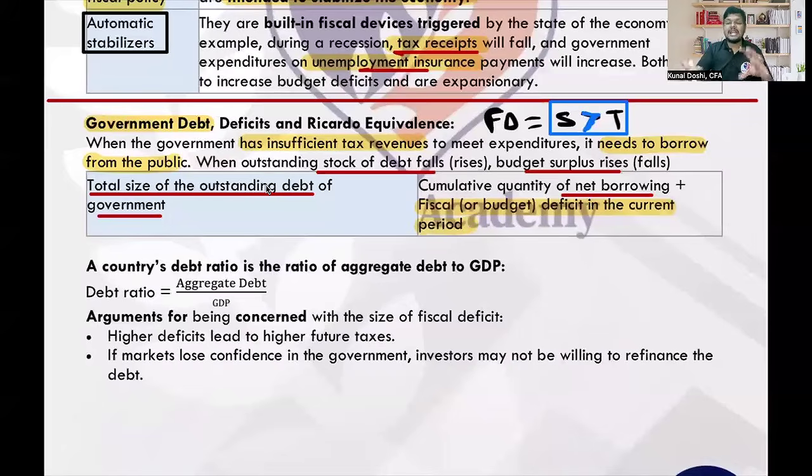So let's say I'm the US economy and till now I've borrowed $2 trillion. And this year my budget is at a deficit of $500 billion. So I will have to borrow $500 billion. So my cumulative quantity will be 2 trillion till date plus half a trillion. That will be 2.5 trillion, my total size of outstanding debt.